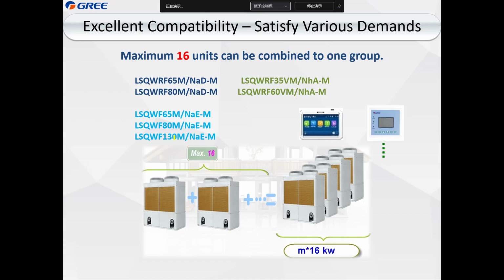One more. Here we have 130 kilowatt. I don't know whether you remember what's the difference between E series and D series for the 130 kilowatt. This module for E series has 2 compressors, but for D series it has 4 compressors.